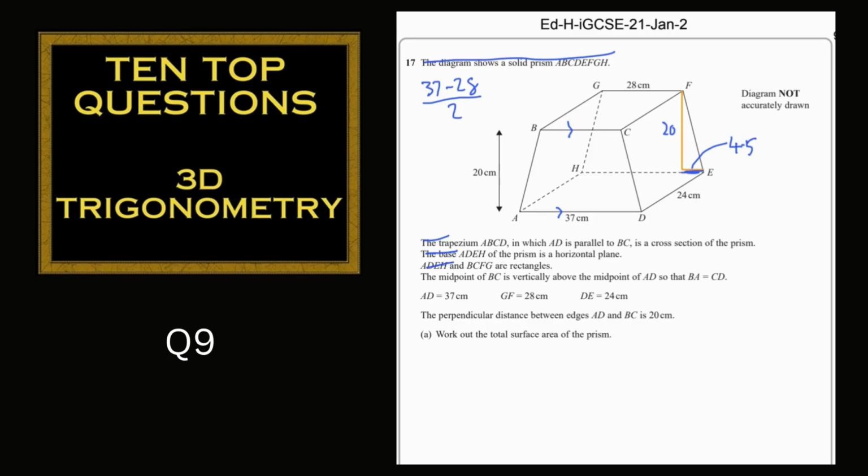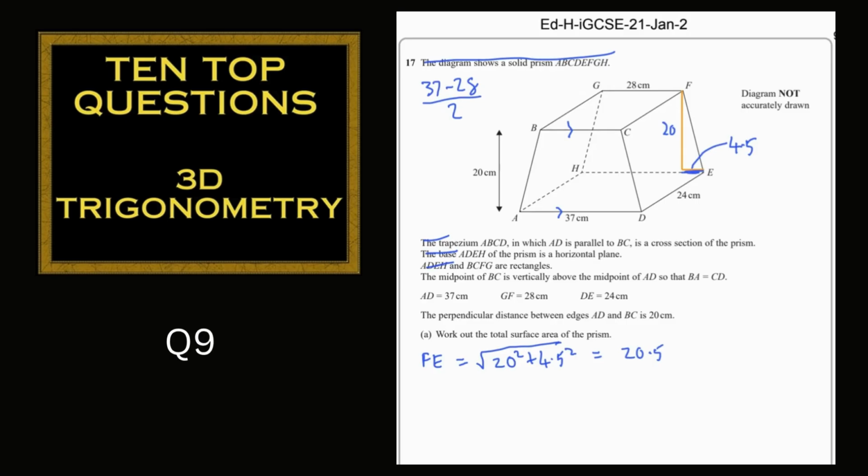So we actually do have the distance from F to E if we use a bit of Pythagoras. F to E is the hypotenuse, so we need to be square rooting the 20 squared added to the 4.5 squared, and we get actually quite a nice 20.5. So now we can easily work out the areas of the left and the right rectangles.